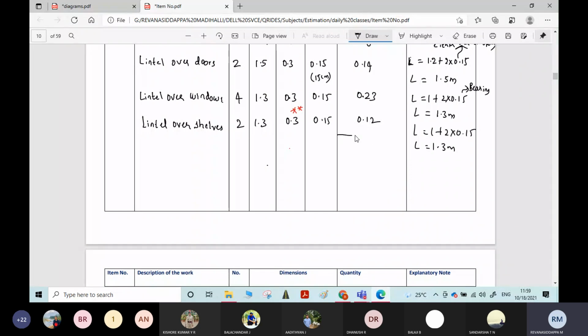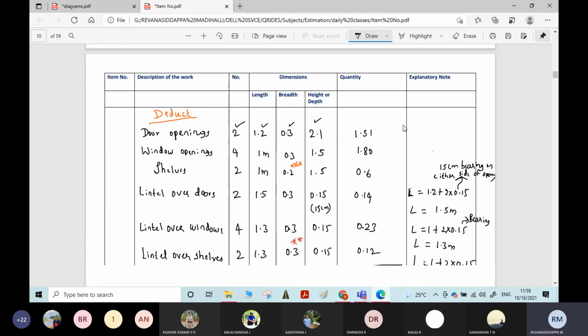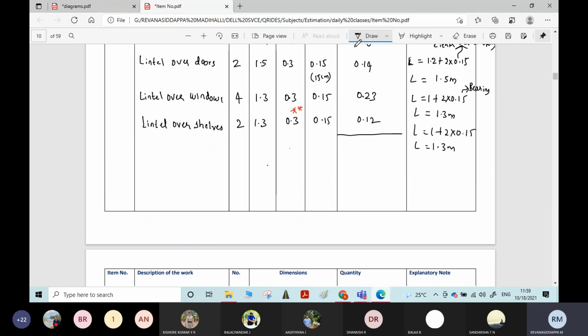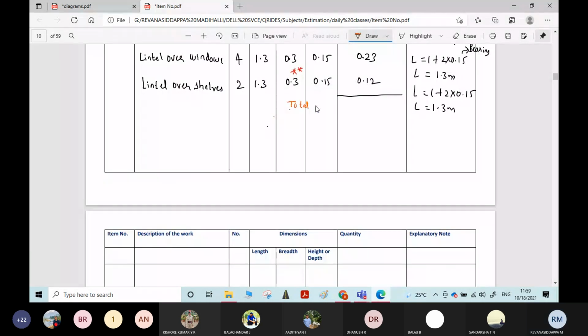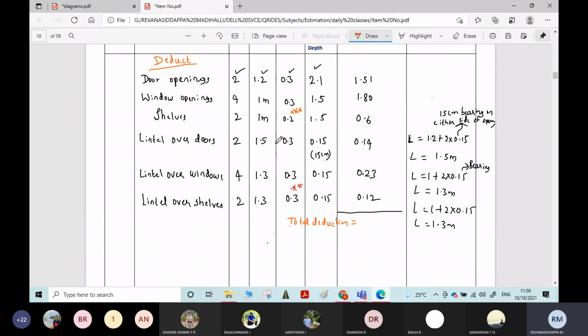So by this you will get the total reduction. You calculate the total of window opening, door opening, shelves, and lintel over doors, windows, and the shelves. 4.398, you can write it as 4.4 cubic meter. This is the total reduction.